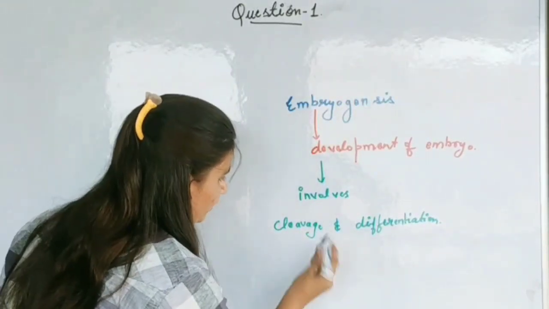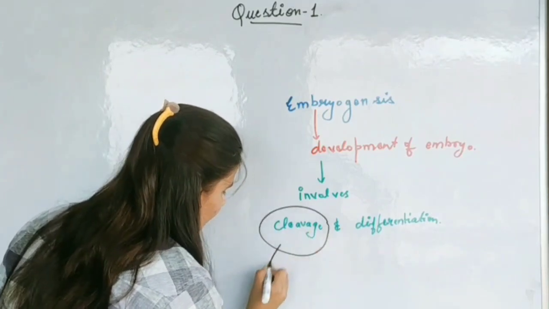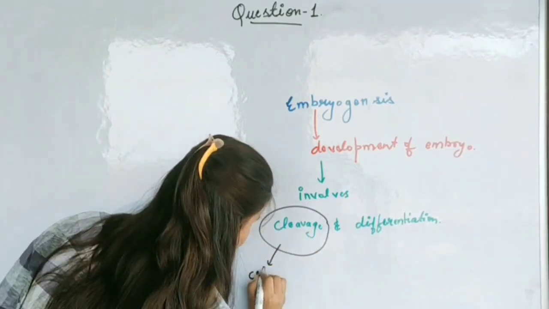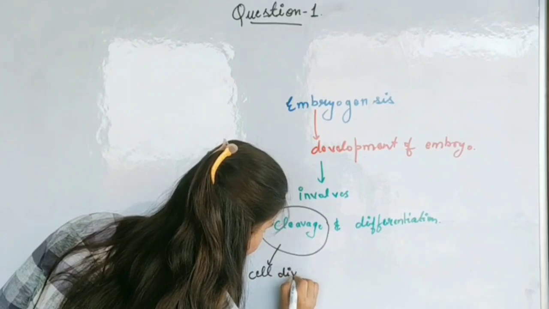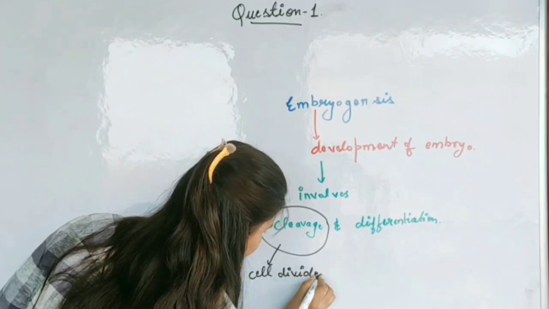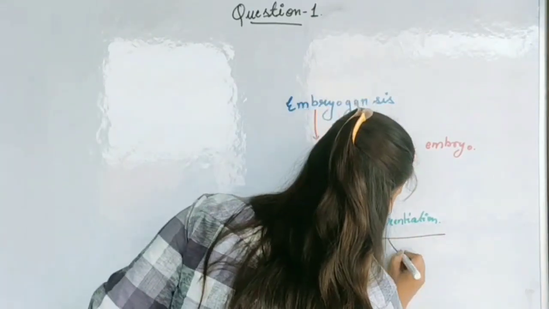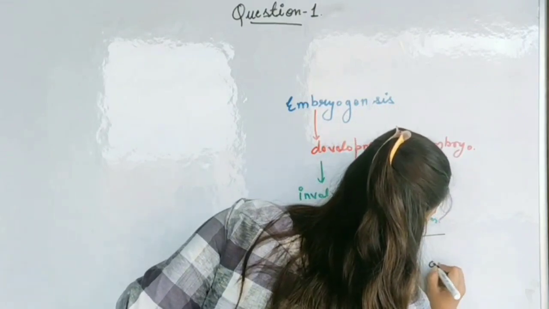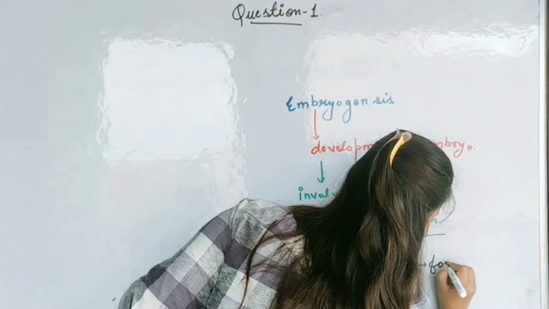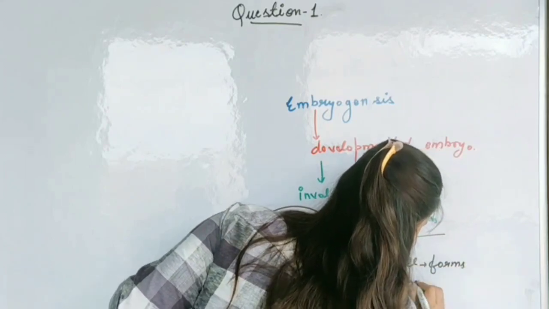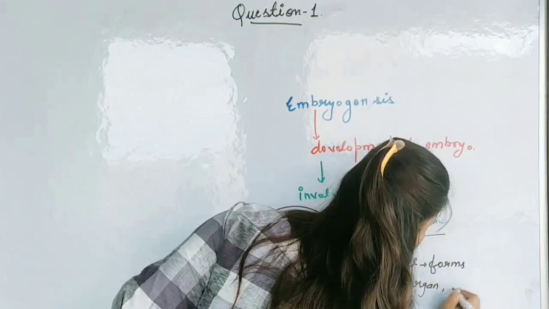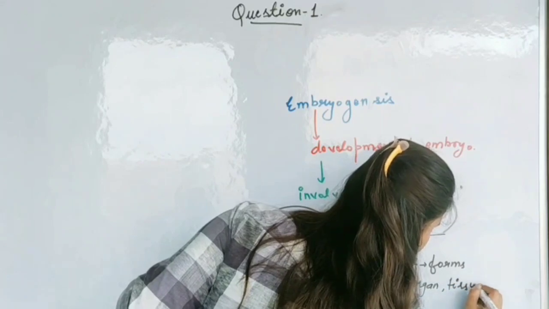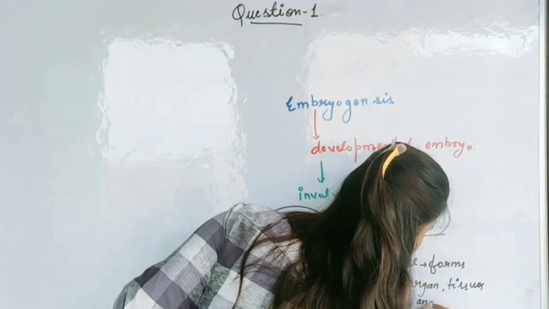If we talk about cleavage, the cell divides, and if we talk about differentiation, the cell forms organs, tissues, and organ systems.